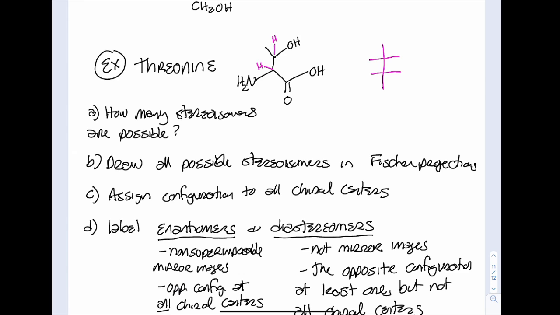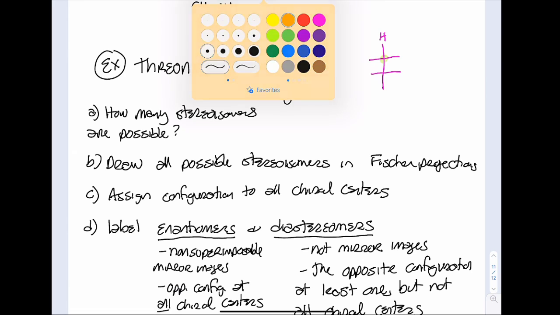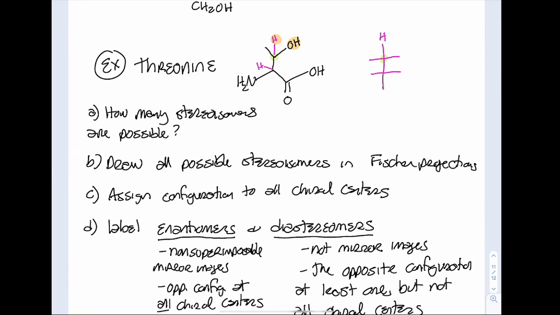So what I'm going to do is choose to put the hydrogens on the top and the bottom, since I can draw it however I want. So I'm doing this chiral center first. You can make either one the top or the bottom, but I'm going to make this one. And then I'm going to put the groups that I have on here. So I have to draw a hydrogen, I have to draw an OH, and then I have to draw a methyl group.